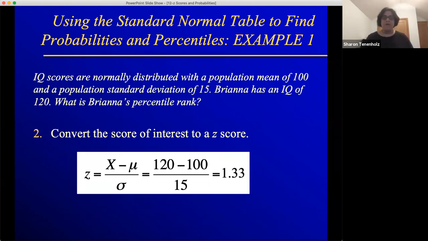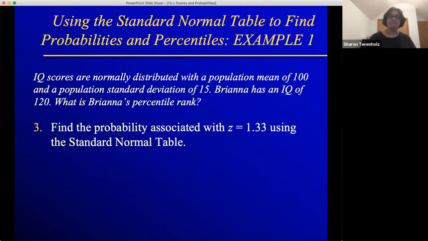But now what we're going to want to do is figure out what percentage of the population would have a z-score of 1.33 or less. And here's how we do it. So we're going to find the probability associated with a z of 1.33 using the standard normal table.